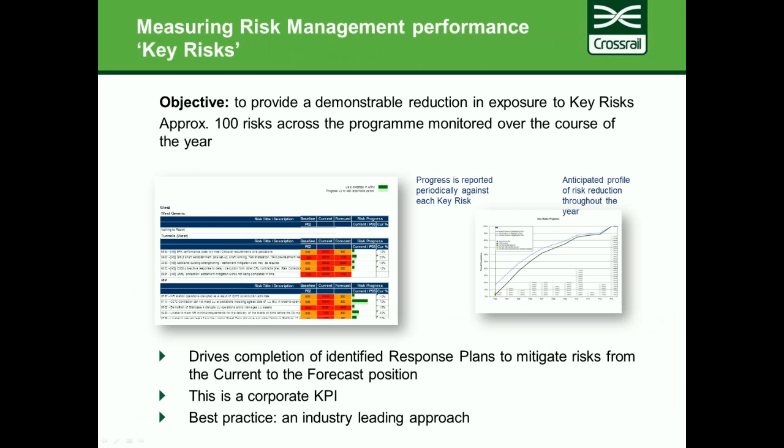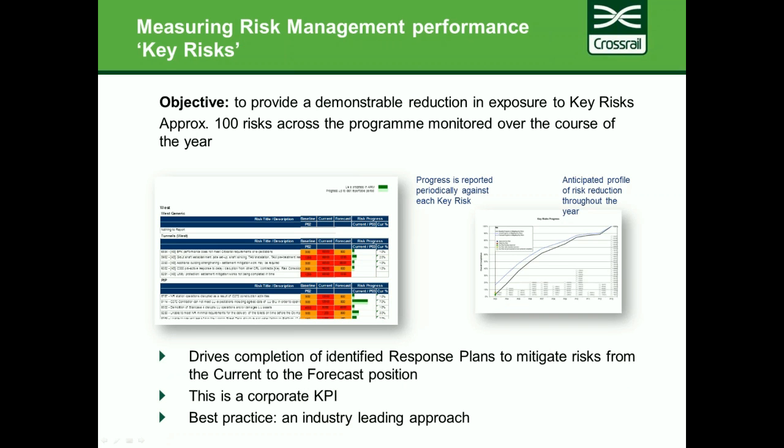As I've already said, we did quite a lot of measurement of the process, and one of the innovations we made was the key risks process. This was in response to a requirement for a risk management KPI.